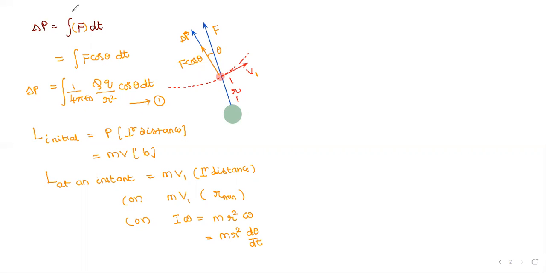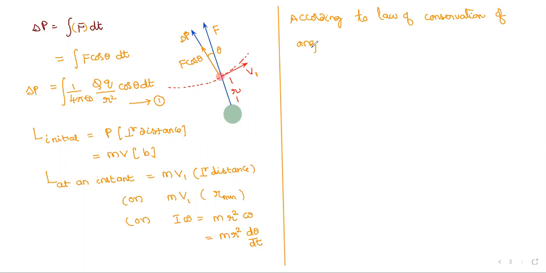So if I use the law of conservation of angular momentum, I can write here mv into b is equal to this one.